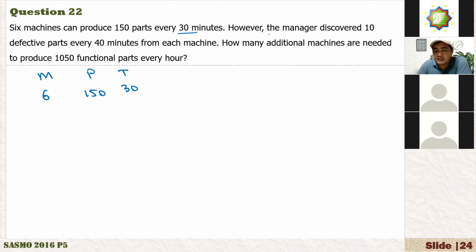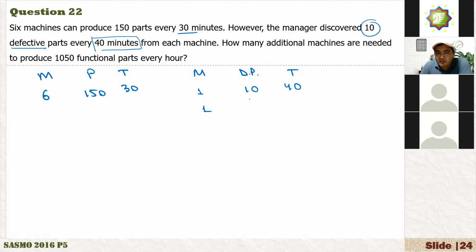Guys, here it says that, however, the manager discovered 10 defective parts every 40 minutes, right? From each machine. So what does it mean? If I just write here machine, defective parts and time, it says that from each machine, one machine produces 10 defective parts in 40 minutes.